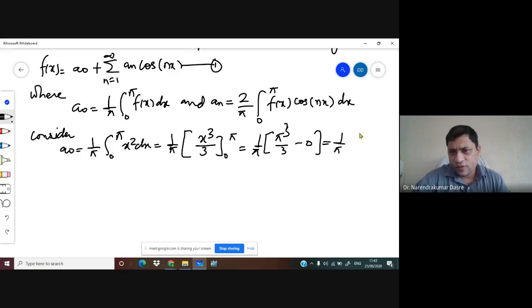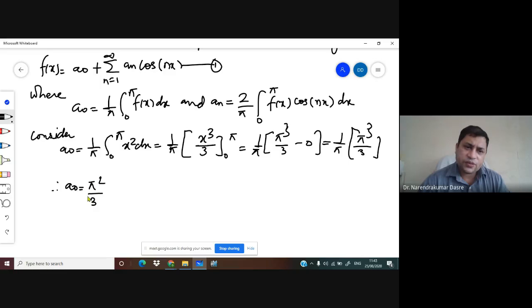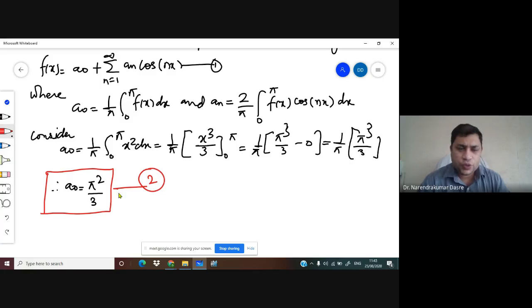So I'll be having 1 upon pi and this is pi cube by 3. So the pi can get cancelled and you'll have a0 is equal to pi square by 3. So here we get a0 is equal to pi square by 3. And so this is our equation 2. Okay, now we got a0.